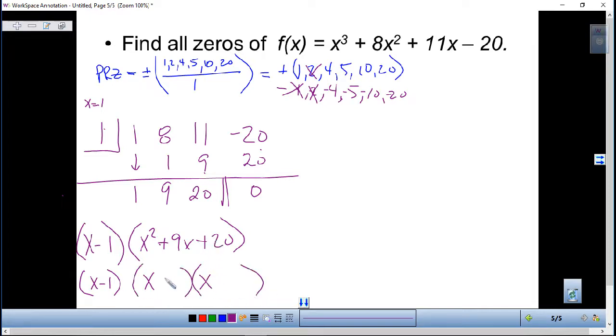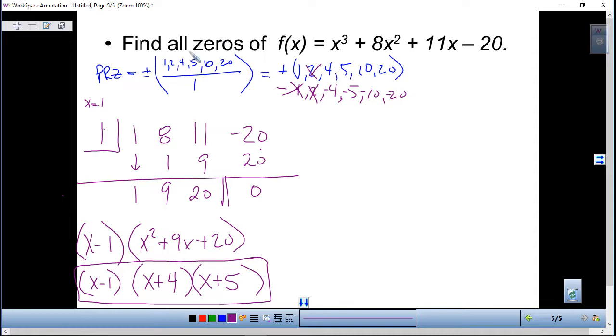Plus here means we're going to have same signs. They're both going to be this sign right here, so plus plus. The factors of 20 that will add to give me 9 are 5 and 4. So 4 there, 5 there. So right here are all the factors. There are all the factors.